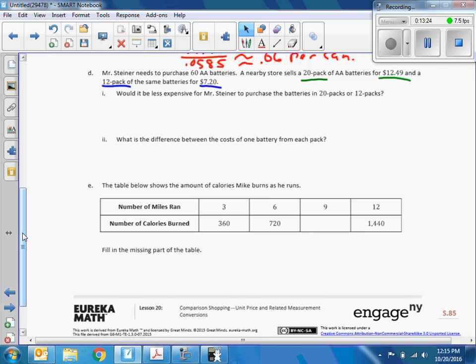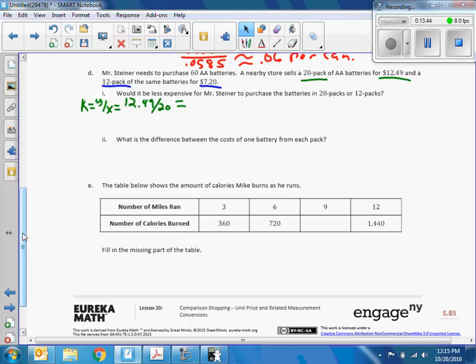So let's do the 20-pack first. K equals Y divided by X, which equals price, 12.49 divided by 20, which equals 60 cents, somewhere around there.